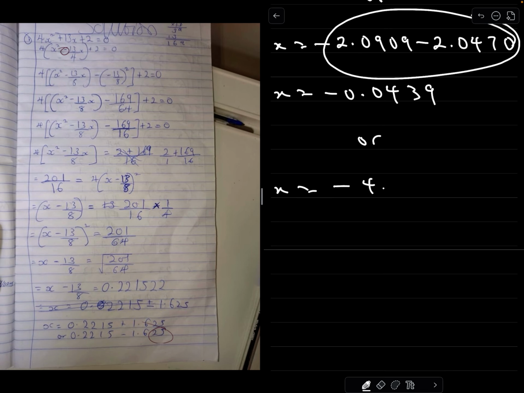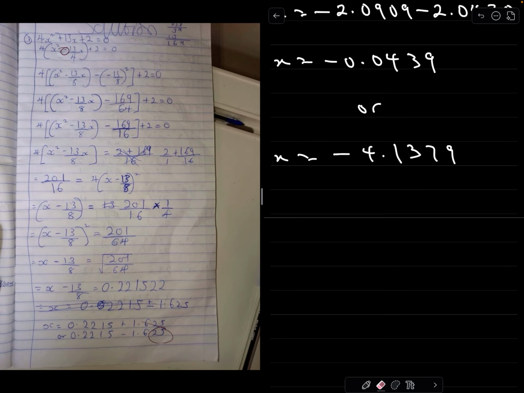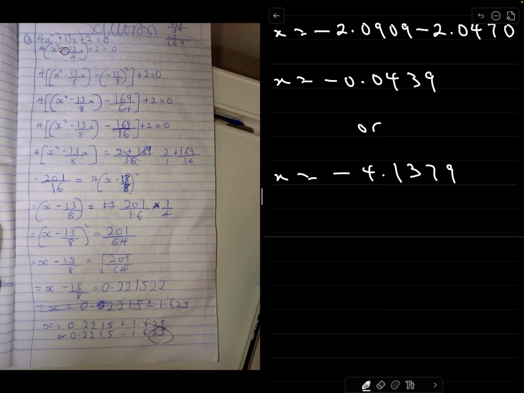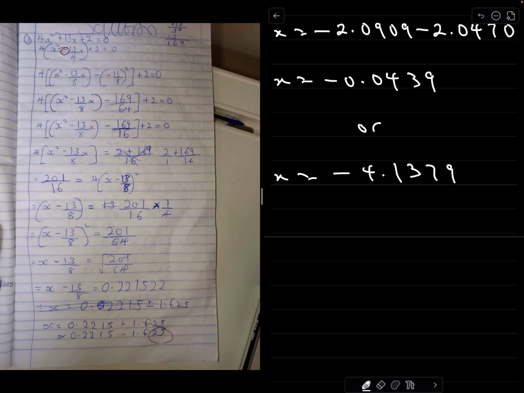That's x equals minus 4.1379. And that's it, very, very simply. Those are the values of x. x equals minus 0.0439, or x equals minus 4.1379. And that's it, very, very simply.